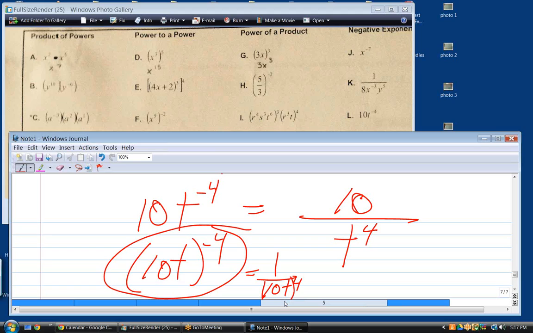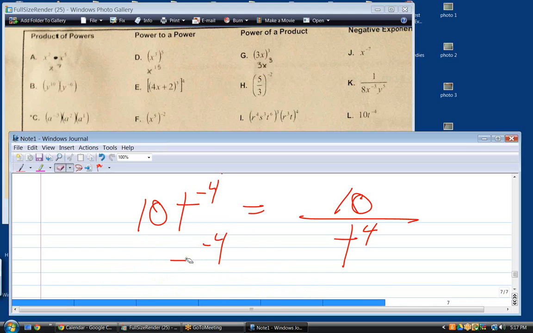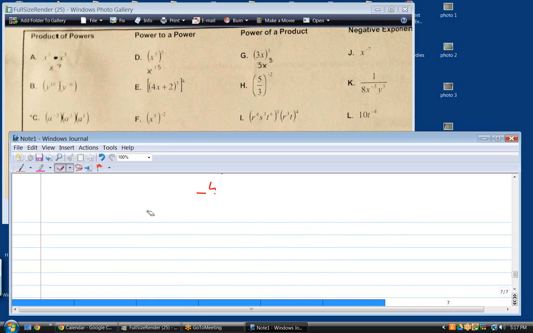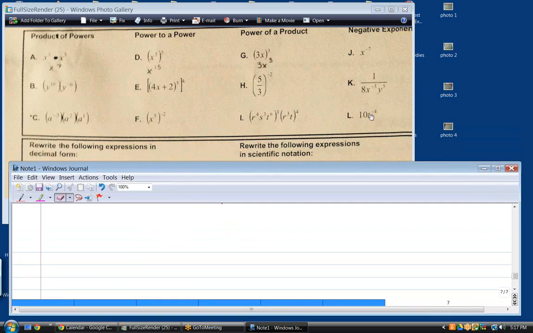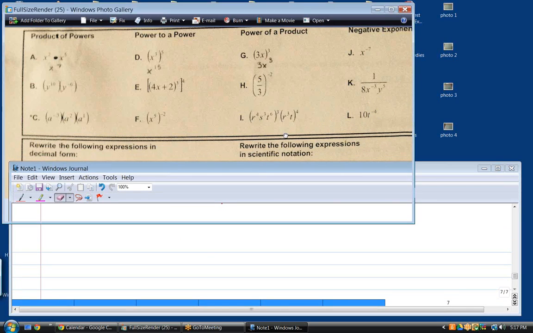Like that. So the parentheses are big in these. The parentheses tell you what the exponent is operating on. And if there aren't any parentheses, then the exponent is only operating on the thing that it's next to.